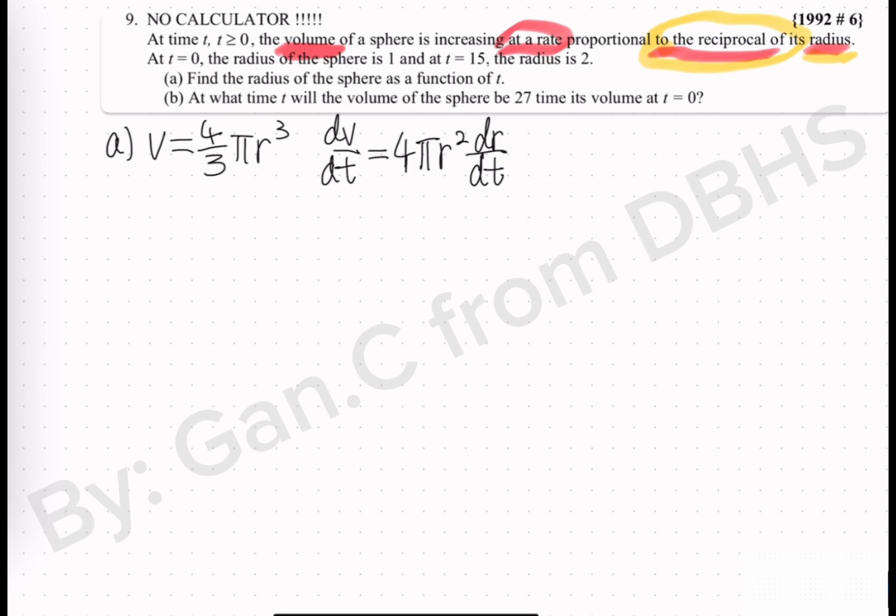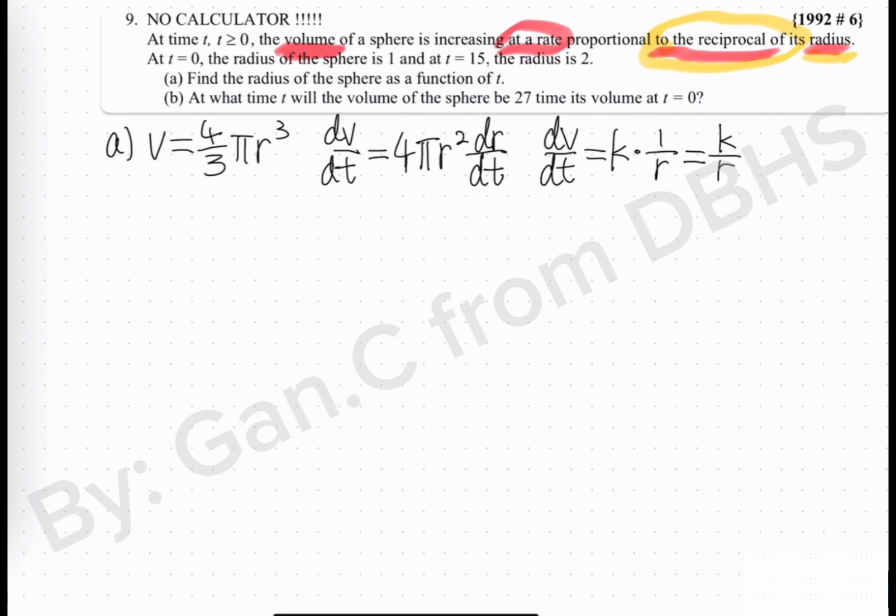Does that mean it is a constant times something? Okay then, let's set dV over dt equal to k, a random constant, times something. What is it proportional to? The reciprocal of the radius. Then that's 1 over r. So that is equal to k over r, right?